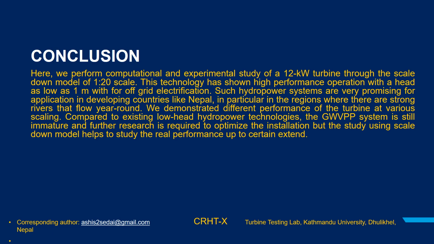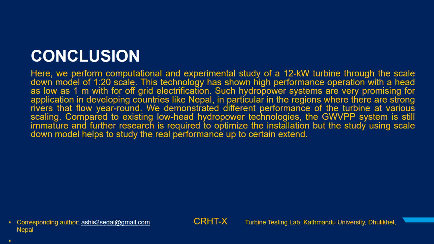After the computational and experimental study on the scaled down model of the gravitational water vortex plant to be installed in South Africa, we came to the conclusion that as we scale down the model, the efficiency decreases. But this is not the case for RPM.